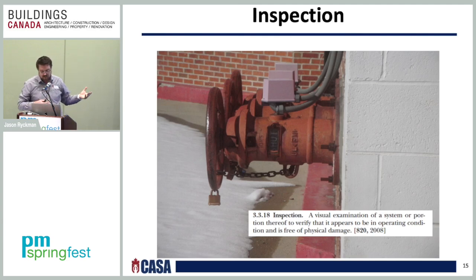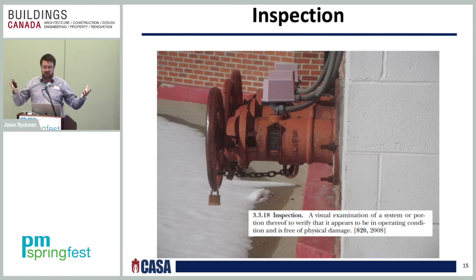Basically, an inspection is a visual examination of the system or portion thereof to verify that it appears to be in operating condition and is free of physical damage. That's what inspection means in the NFPA 25 document.